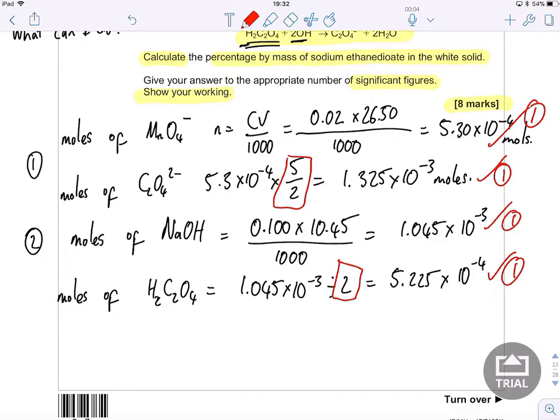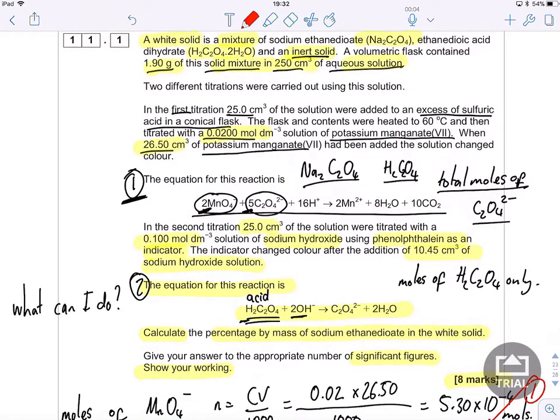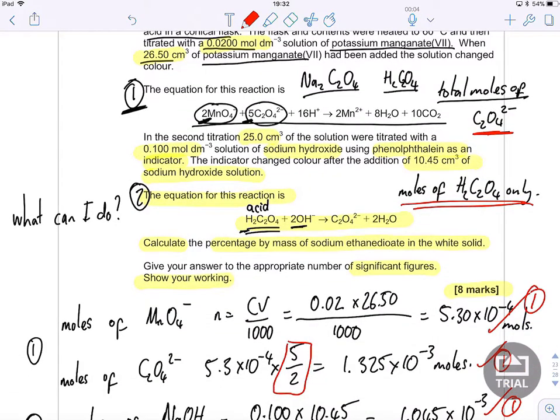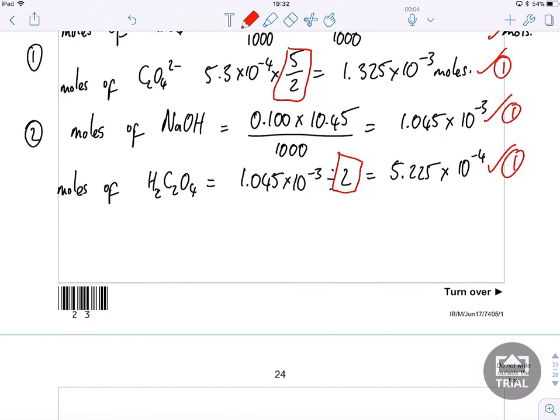Okay, so let's just remind ourselves what we've done. Titration 1 gives me the total moles of ethanedioate ions. Titration 2 just gives me the moles of the acid. So essentially what I need to do is take the total moles from titration 1, take away the moles of acid, to work out the moles of sodium ethanedioate in the solution.